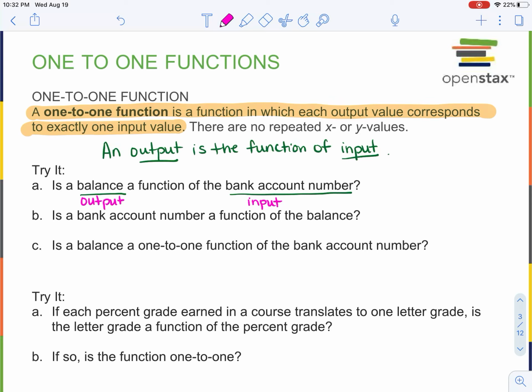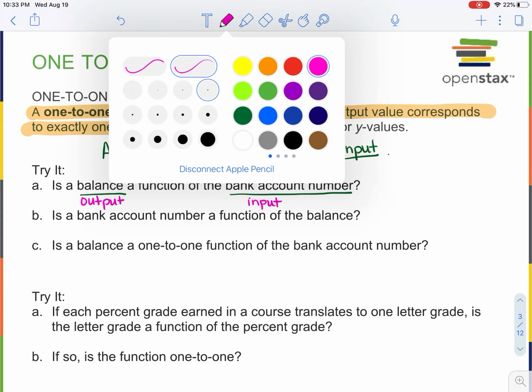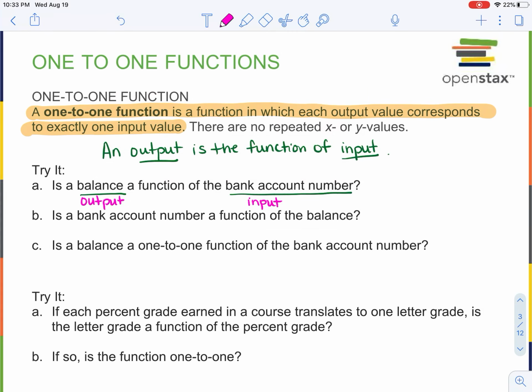So for this one, is a balance a function of the bank account number? The answer is yes, because each bank account has a single balance at any given time. So let's say you have the bank account number and then you have the balance, because account number is the input and balance is the output.